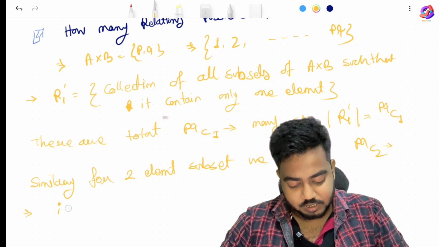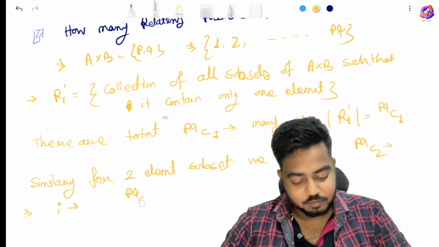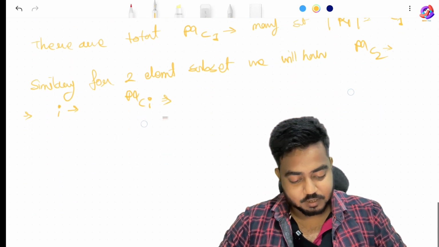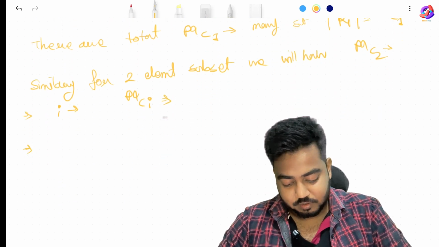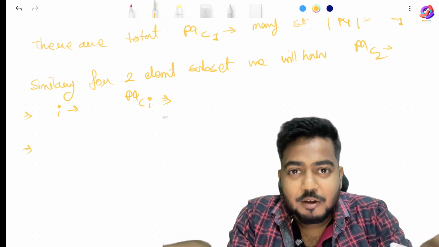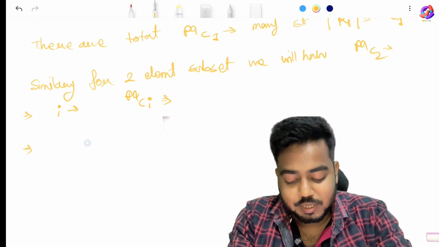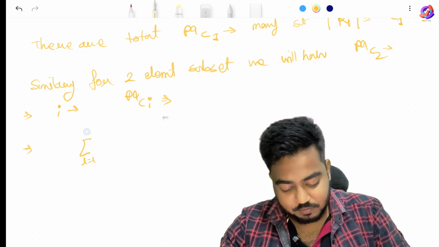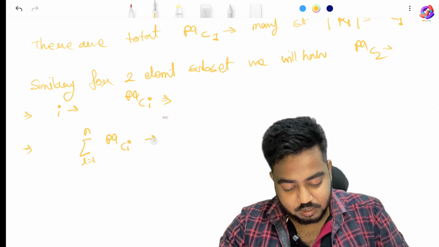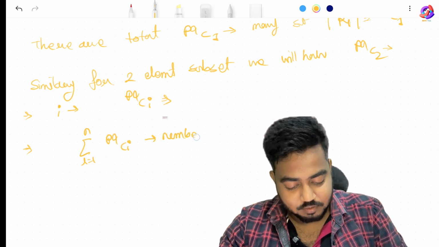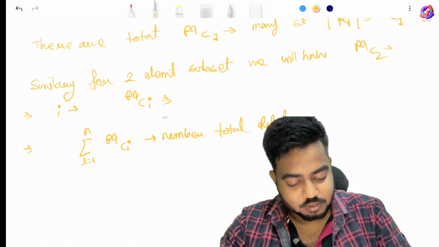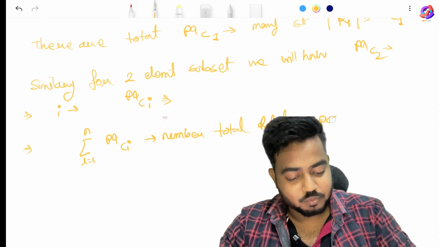For the generalized i elements, there will be PQCi. So the total number of possible choices is the summation of i equals 1 to n of PQCi, the total number of relations possible.